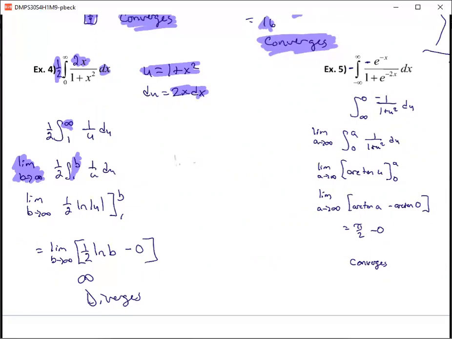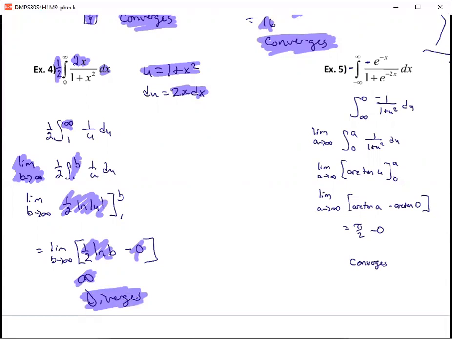We have to be careful that we don't write those kind of things because those are indeterminate values. But anyway, going back to the problem, 1/2 natural log of u, plug in b, plug in 1, now take your limit. Because our limit is infinity, this integral diverges, meaning we can never count the area underneath that curve.